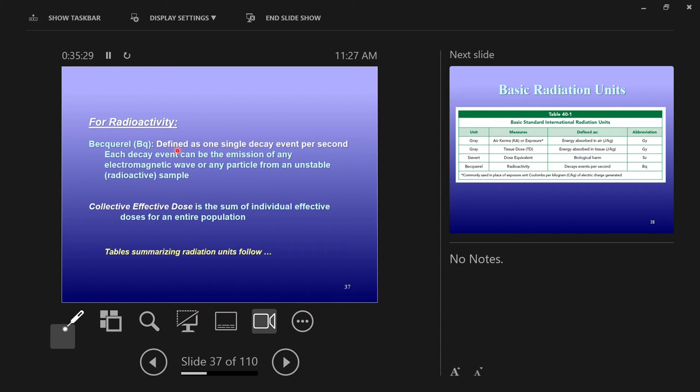So if I turn my Geiger counter on and it clicks 1 time every second, that is 1 becquerel of exposure. Get 100 decay events per second, we have 100 becquerels. It's a rate of exposure, not an amount.